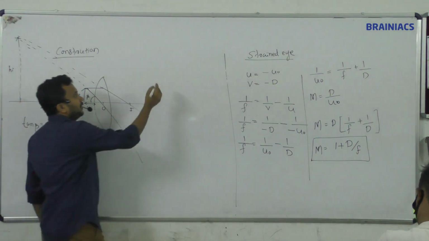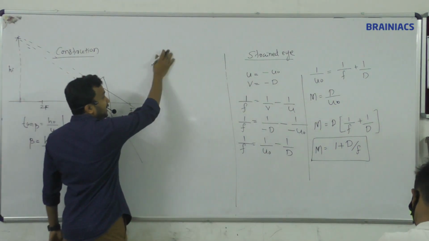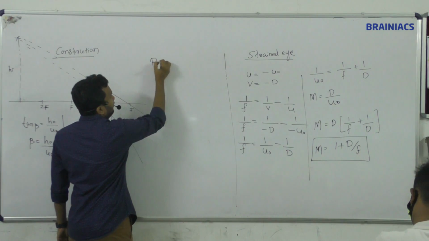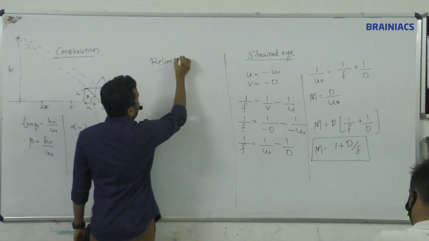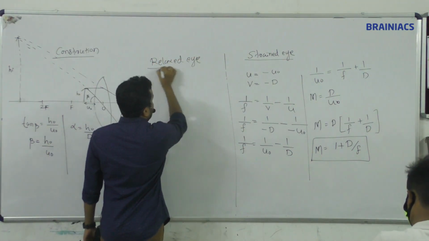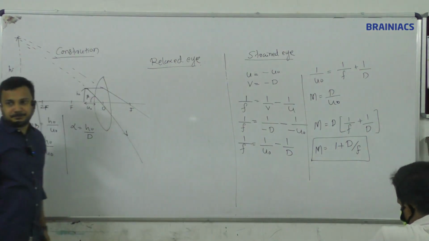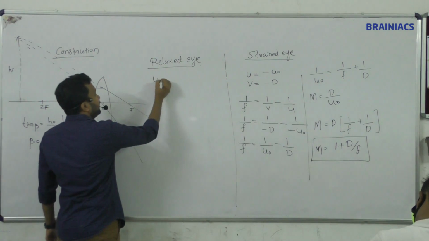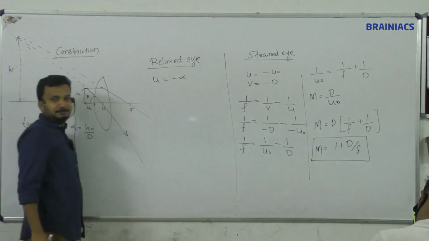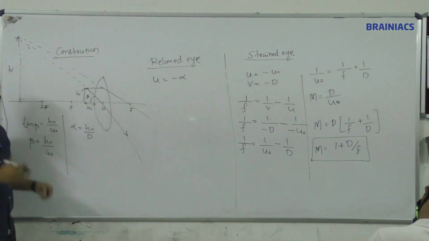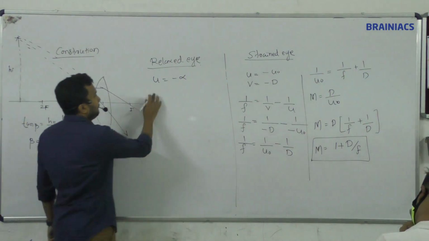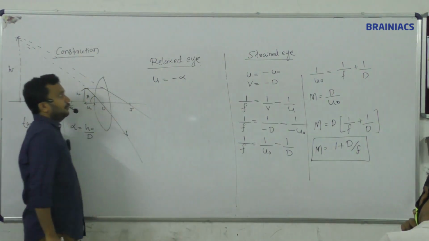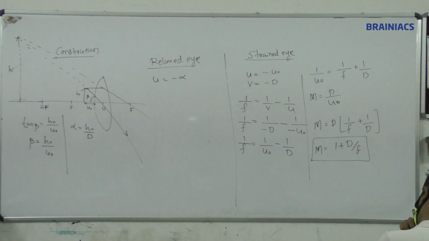So the conditions for minimum magnification, within brackets you can write relaxed eye, where you will never stretch much: the object is at minus infinity, represented on the left.